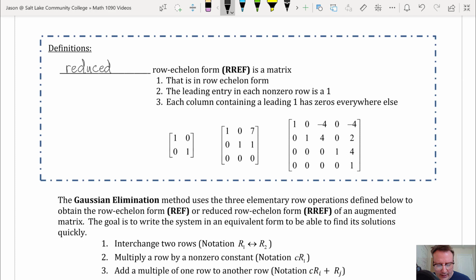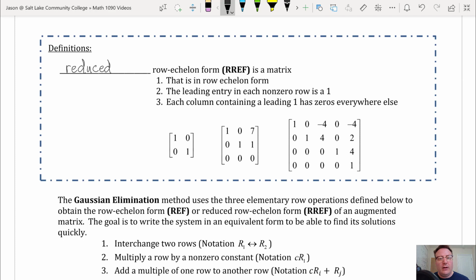Okay, so we have row-echelon form, and next one is reduced row-echelon form. A reduced row-echelon form matrix is, first, in row-echelon form, so it has to have ones down the diagonal and zeros below the diagonal. And then 2, the leading entry in each non-zero row is a 1. 3, each column containing a leading 1 has zeros everywhere else in that column.